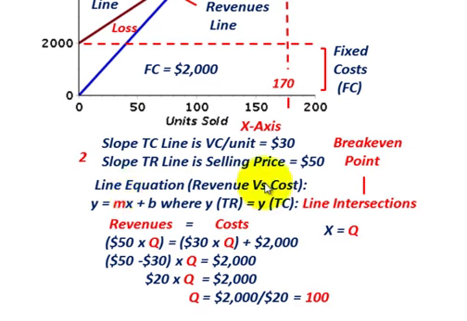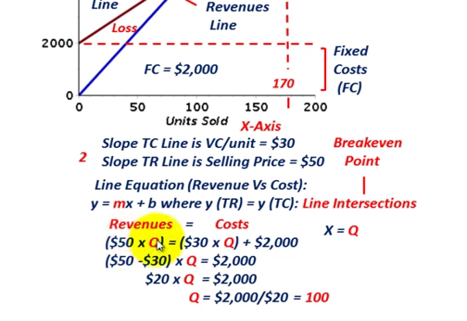Okay, line equations: revenues equals cost. That's going to be some dollar amount where our lines are equal. Our revenues are going to equal our costs. Again, a line equation was m, the slope, times the quantity, plus whatever the intercept was. For our revenues, remember our line equation was a slope of 50 times the quantity.